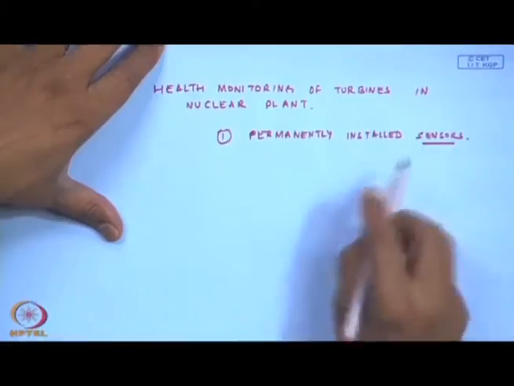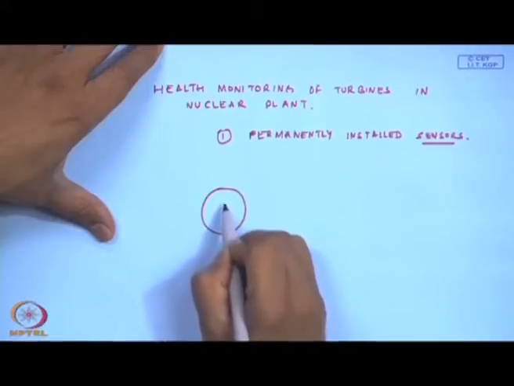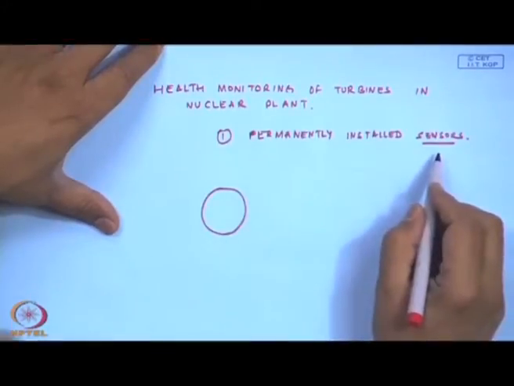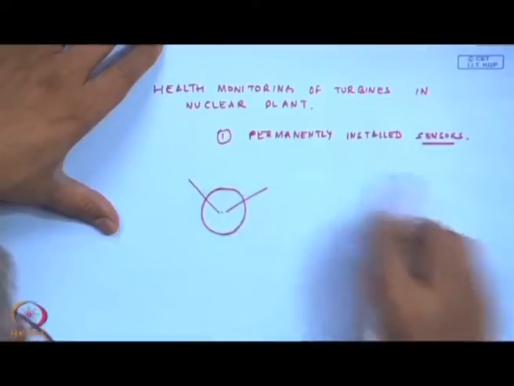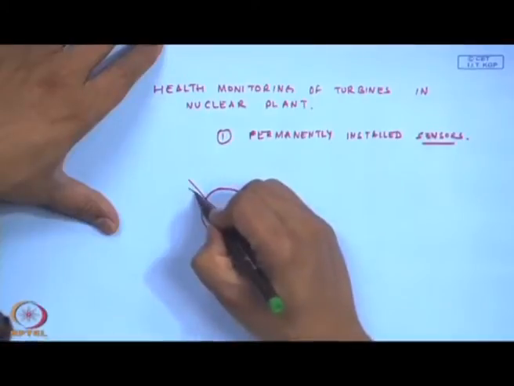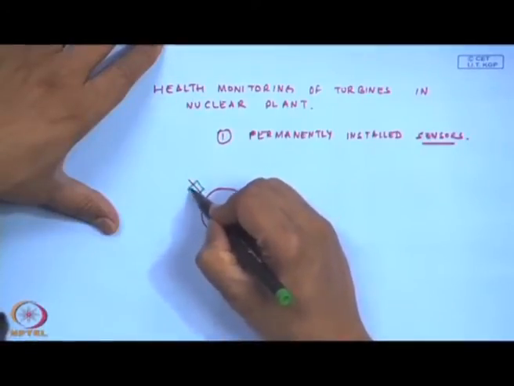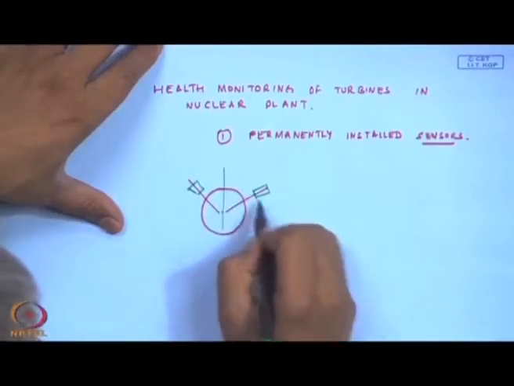By sensors, I mean usually in such turbines at the journal bearing end, the usual practice is to put some sort of a non-contacting type eddy current probe, this is actually at 45 degrees.